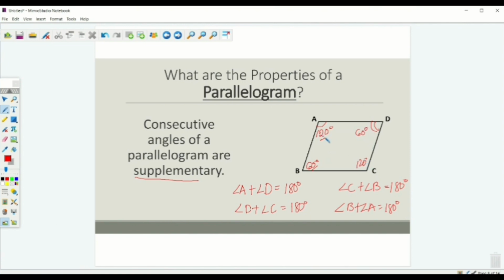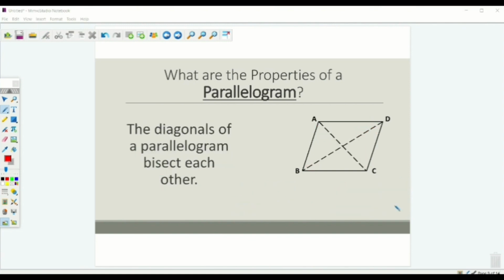So 120 plus 60 is 180, and 60 plus 120 is 180. That is why this property illustrates that the sum of two consecutive angles of a parallelogram is supplementary.